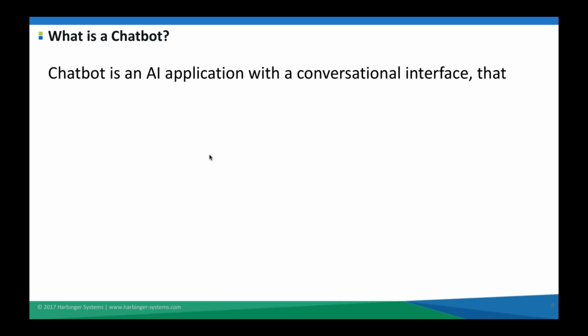So moving further, let's quickly define in this context what a chatbot is, or how we would like you to think about a chatbot, and some of our presentation will reflect that. So a chatbot is an AI application with a conversational interface. So it's not just an application. There's an AI element in it, which I will describe.